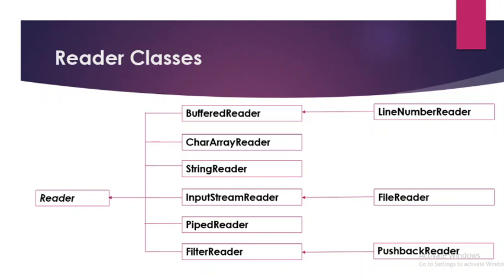So these are the classes used only for input, or for reading data from different sources of streams. Every class is built for a specific purpose, for reading data from a specific stream. We will see their use one by one. First we will just look at the basic structure of the Reader classes as well as the Writer classes. So these are the set of classes, or the hierarchy, related to reading data from a stream.